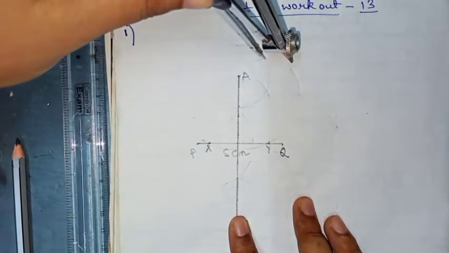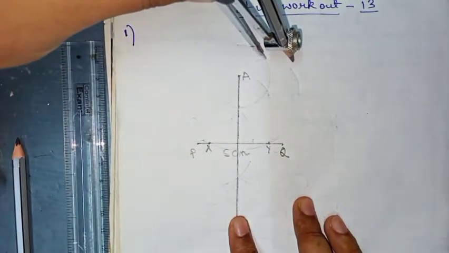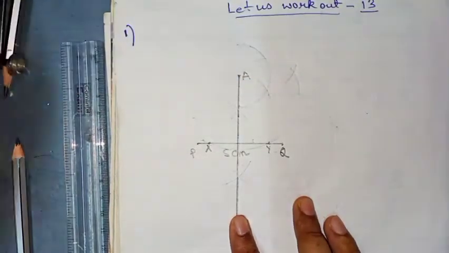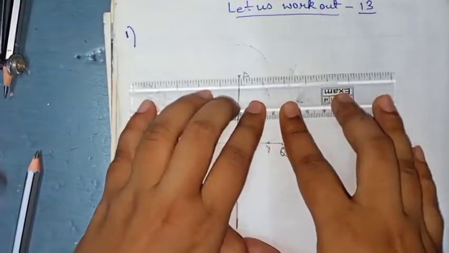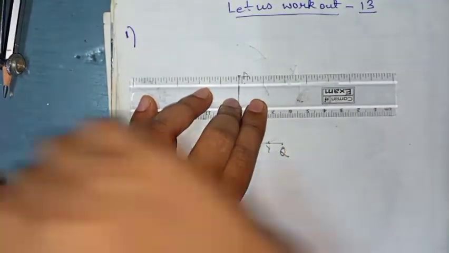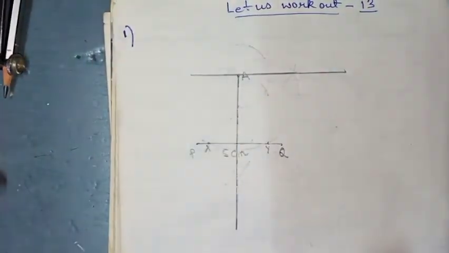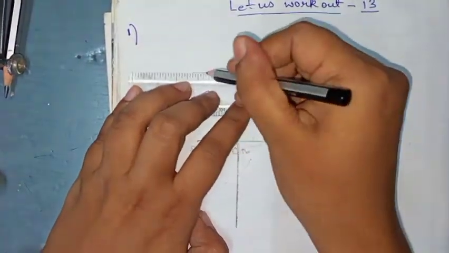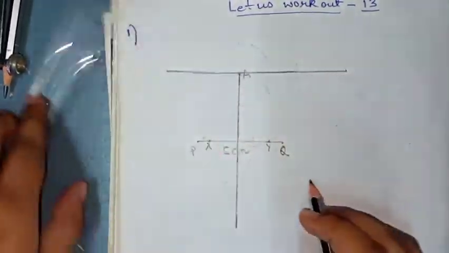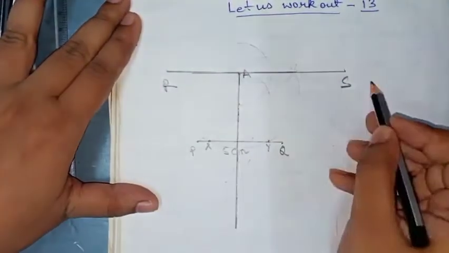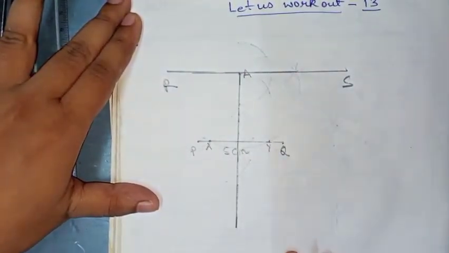Then again we will keep our compass here, then cancel this one. Okay, now this perpendicular will go from point A. So this point, give the name RS.